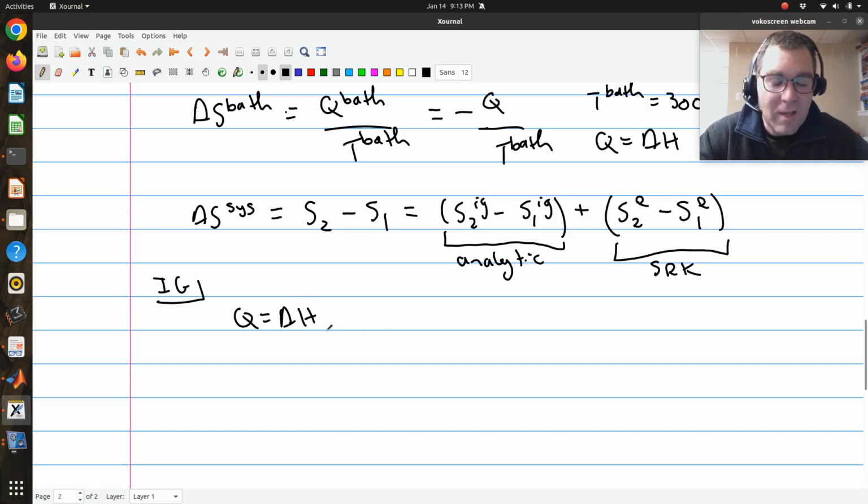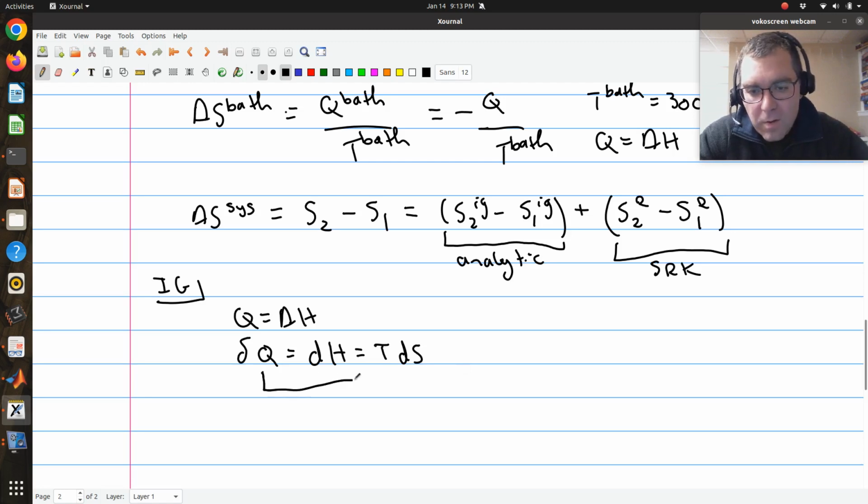Now, if we assume that the heat exchange is reversible, then Q is going to be equal to T times delta S. When I write this, I need to write it in its differential form. So del Q is equal to dH. For a reversible process, del Q is equal to T dS.